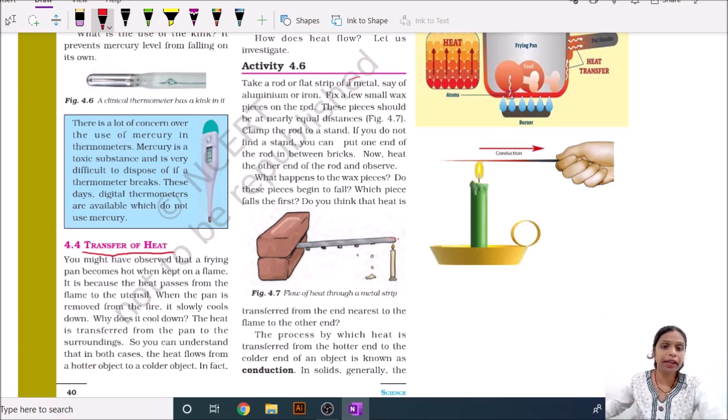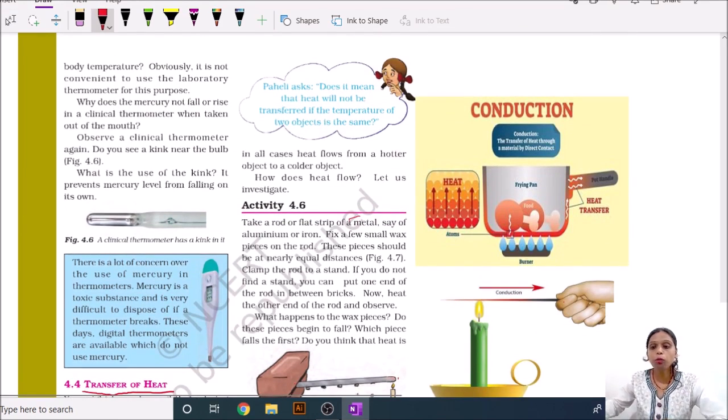We will study it here. For knowing this, you can see in this diagram that it shows the process of conduction. Whenever you put a frying pan on the burner, after 4 or 5 minutes the frying pan becomes hot. When you turn off the burner and leave it for 2 or 3 hours, you will feel that the frying pan has become cool.